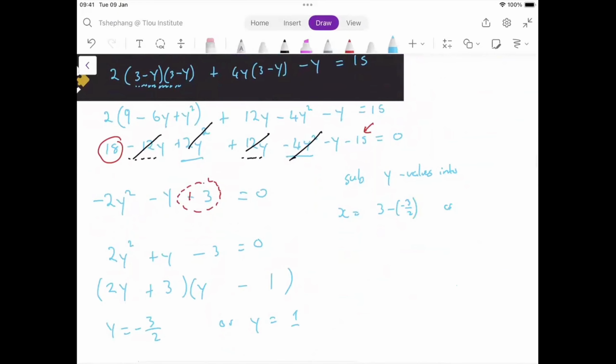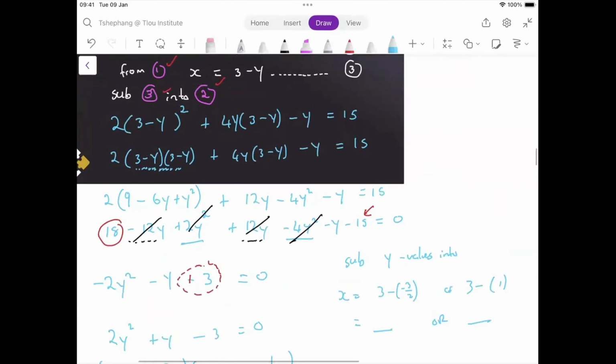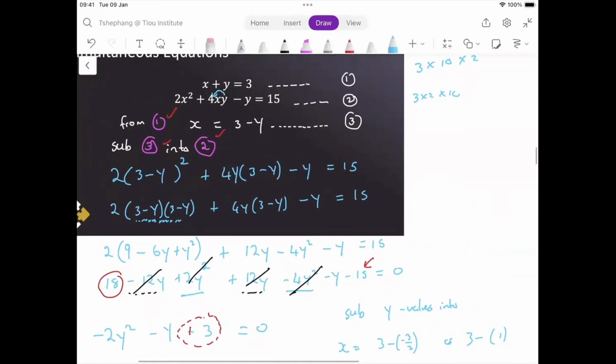Or it will be 3 minus the y value, which is positive 1. From here, it's just calculator work for you to find those two x answers. And that's how you need to go about completing, sorry, not completing the square, but solving simultaneous equations.